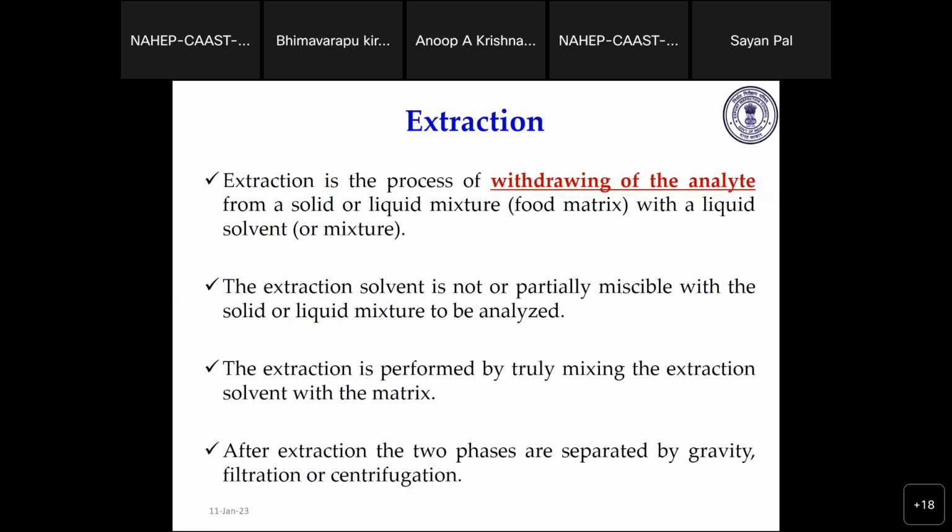Now, let us understand what extraction is. What is the basic principle of extraction? The basic principle of extraction is to withdraw the analyte into a liquid medium, using some solvent, because now it is in an organic form, like meat.